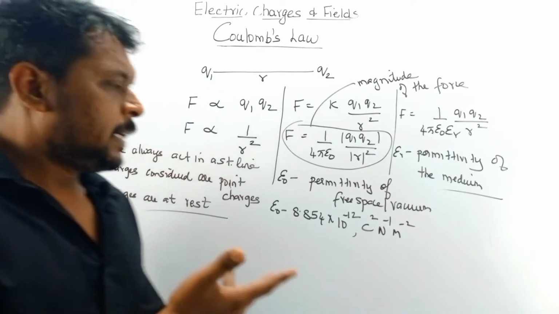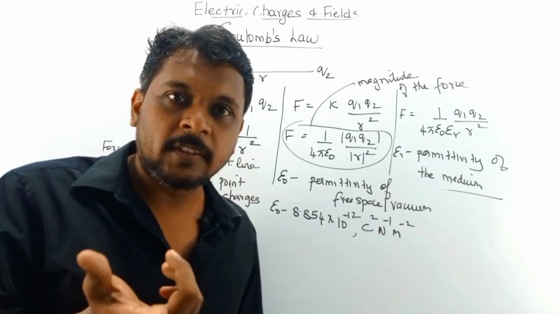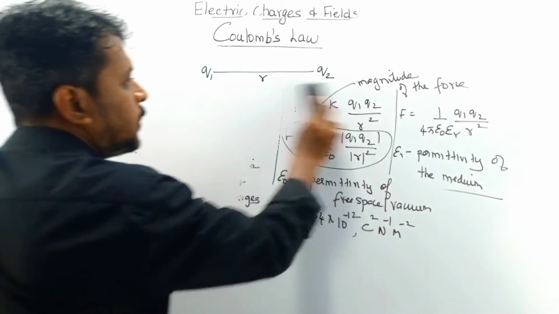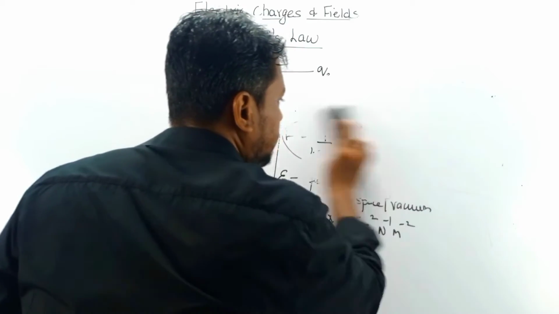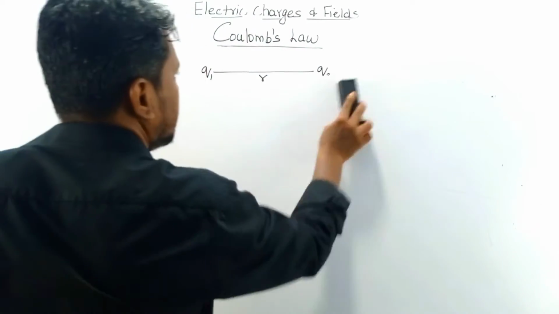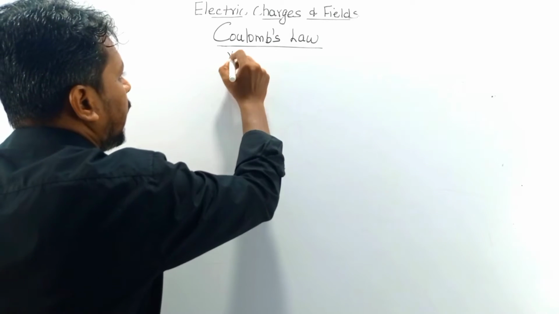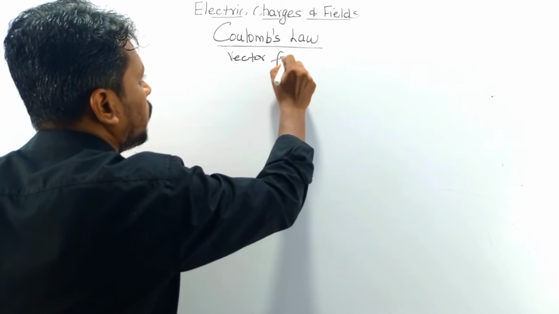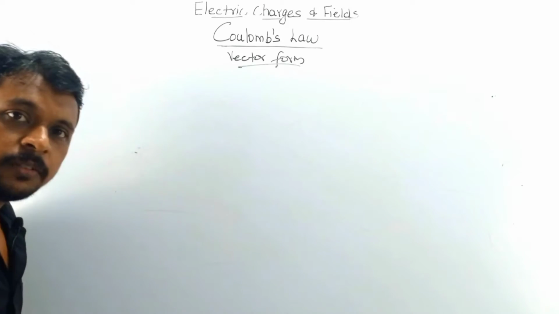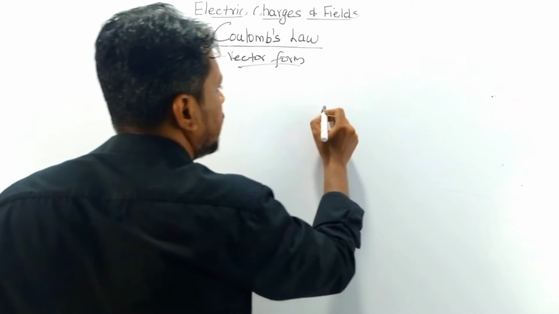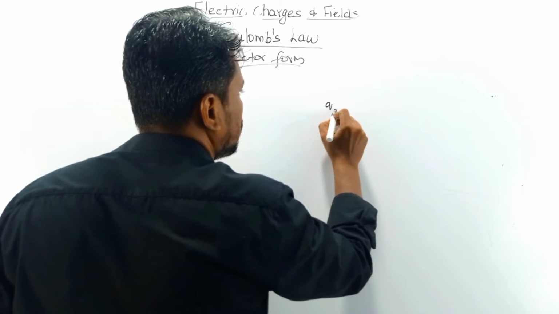Now we have discussed the magnitude. What about the direction? Let's move on to the representation of the direction. The direction is represented by Coulomb's law in vector form. Same case, let us take the charges Q1 and Q2.